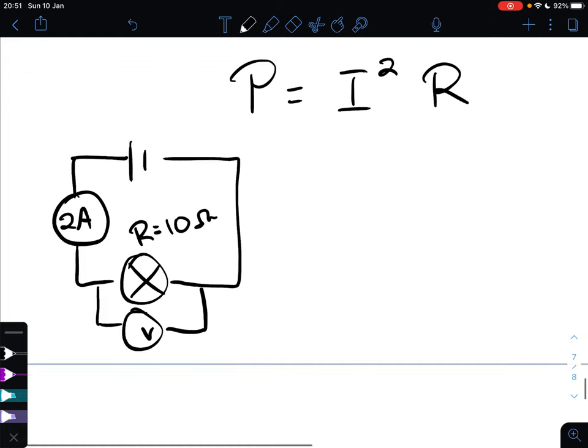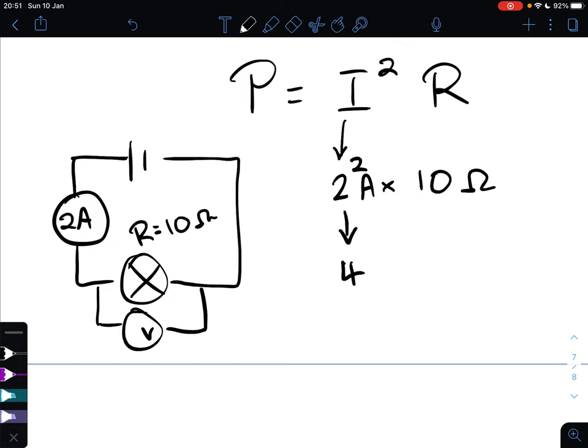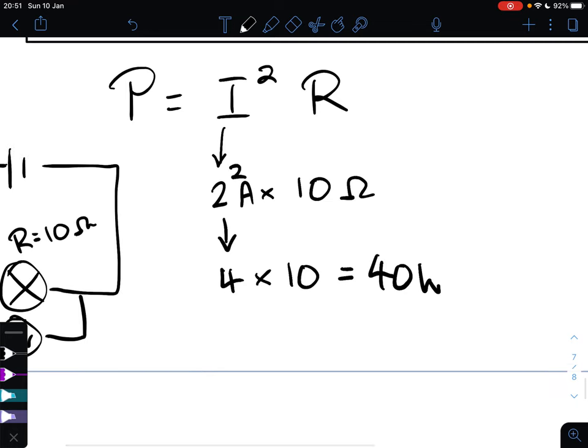So we can still find the power inside the circuit. So we would do 2 squared, there's the current, times 10 ohms. So 2 amps squared times 10 ohms. And so that would give me an answer of 4 times 10, a total power output of 40 watts.